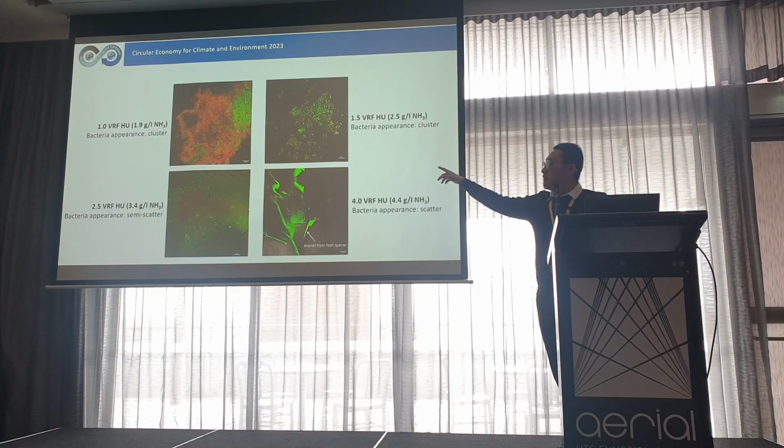So you can see with the unconcentrated one, the bacteria is in a colonized form, and there is a lot of bacteria. Then as the free ammonia increases, the bacteria become more and more scattered. At the end of the day, there is just a little bacteria with the most concentrated urine.